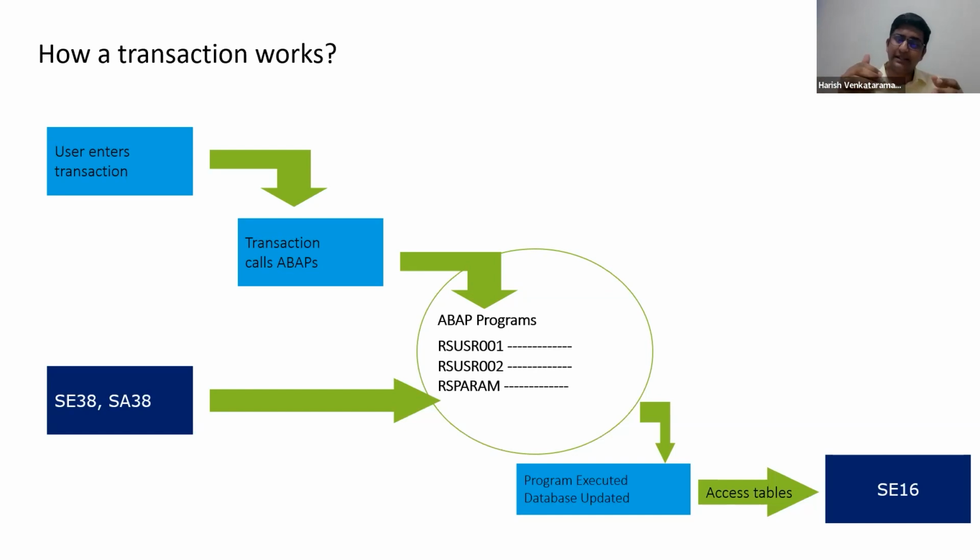But here in SAP, there is a front-end option, a specific transaction code called SE16, which is at the bottom right, as you can see. This SE16 transaction code helps a user navigate into the tables and see the different database tables that are there. This is how the entire transaction works, from the way the user enters a transaction till the time the tables are updated, and users can also view this through the backend table, right?